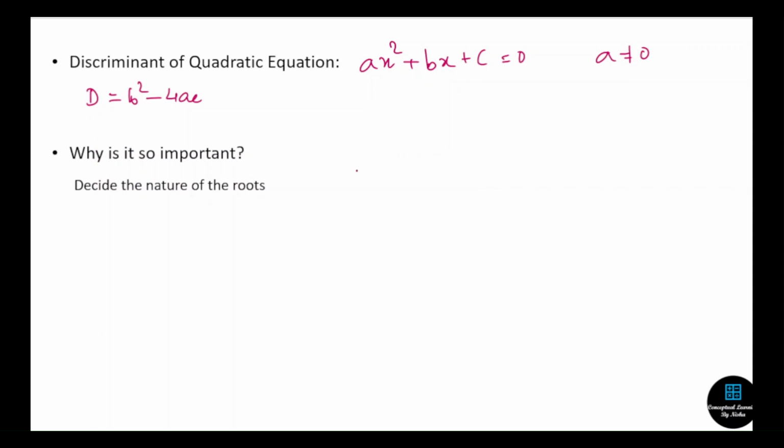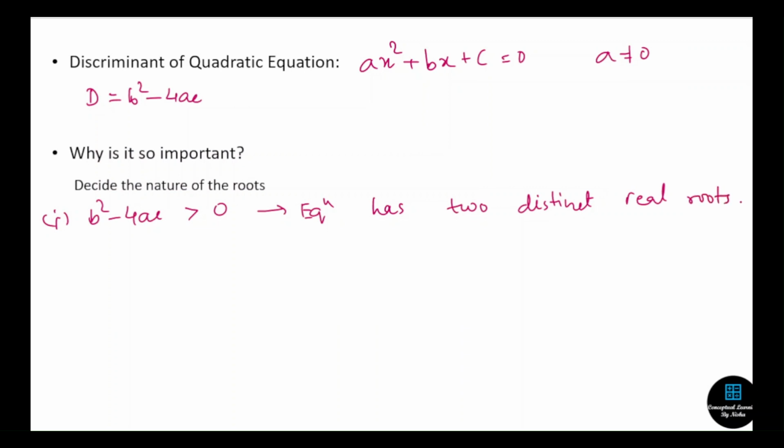So let's take the example. First of all, we'll write some conditions, okay? If b square minus 4ac is greater than 0, then the equation has two distinct real roots. Distinct means different, okay?